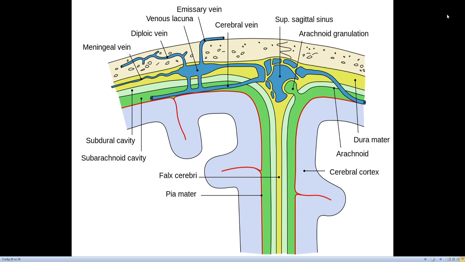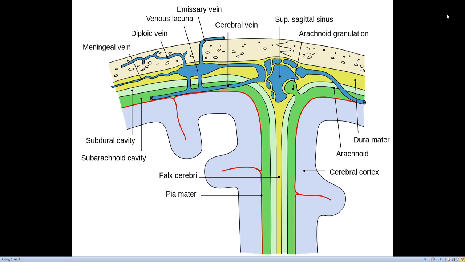Arachnoidea encephali. It passes in the skull and covers the sulci and gyri of the brain, and is divided from the dura mater encephali by the subdural space, and from the pia by the subarachnoid space.